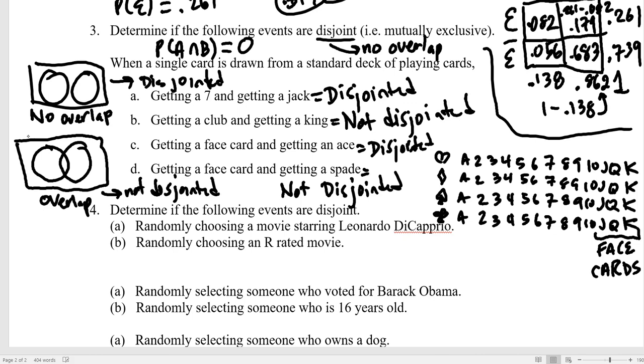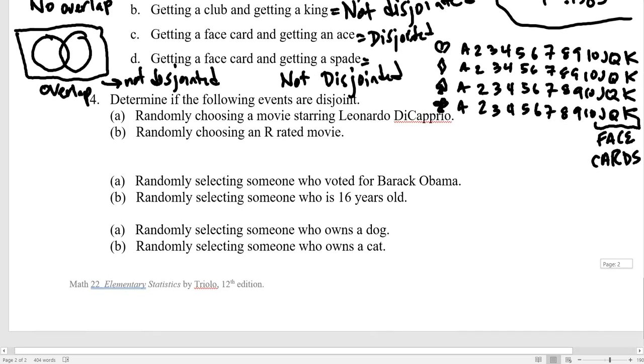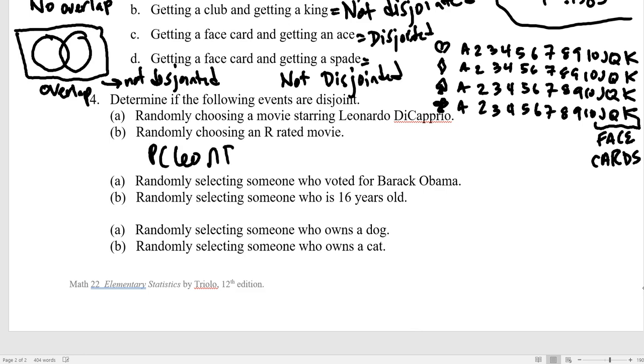Okay. Determine if the following events are disjoint. Can you randomly choose a movie starring Leonardo DiCaprio and randomly choose an R movie? Is there an overlap? Are there Leonardo DiCaprio movies that are rated R? Is there probability of getting a Leo movie and having it be rated R?